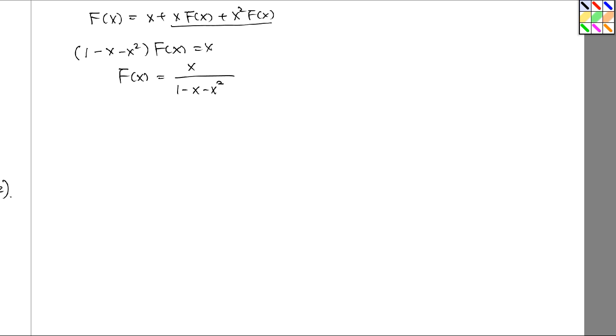Alright, now what are we going to do? What we are going to do here is factor the denominator. We can write this 1 minus x minus x squared as 1 minus alpha x times 1 minus beta x.